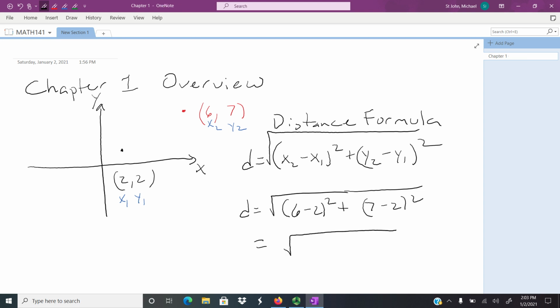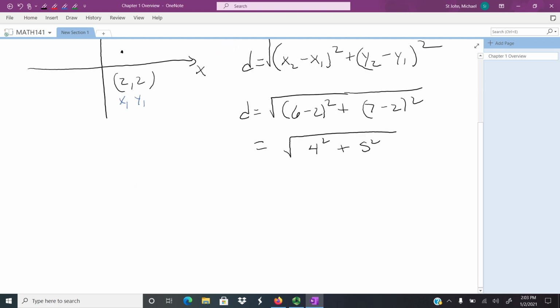So this is going to be 4 squared plus 5 squared. So this will be the square root of 16 plus 25. And we get the distance is going to be the square root of 41. Right? So that is my distance between those 2 points.